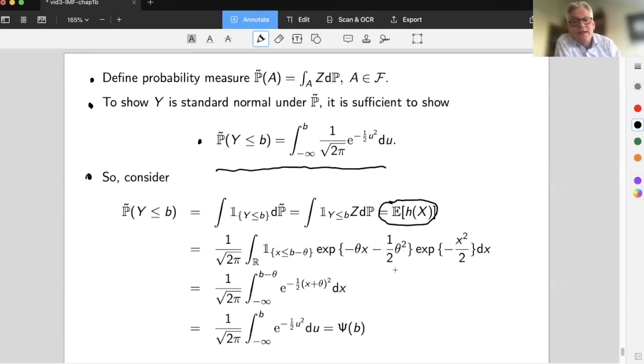Putting this all together gives us again this indicator function gives us an integral from minus infinity to b minus theta, e to the power minus 1/2 x plus theta squared, right? We're completing the square, dx.